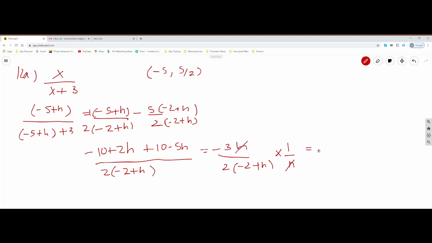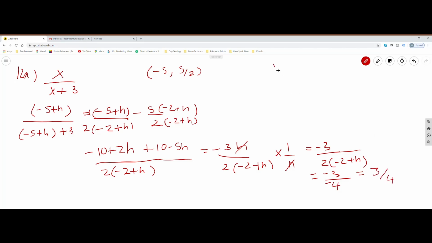You're left with negative 3 over 2 times negative 2 plus h. So if you substitute h equals 0, you get negative 3 over negative 4, which is equal to 3 over 4.